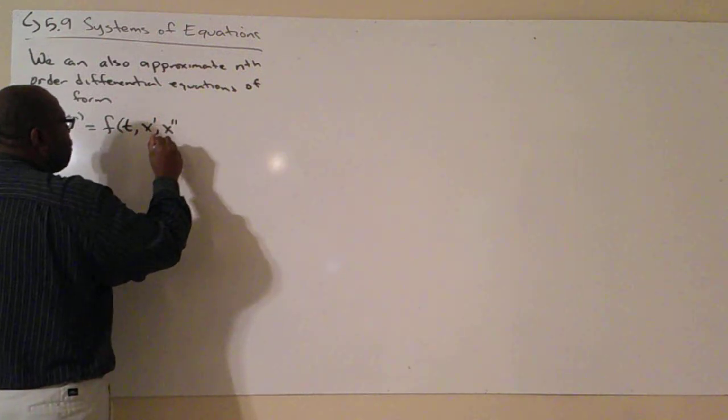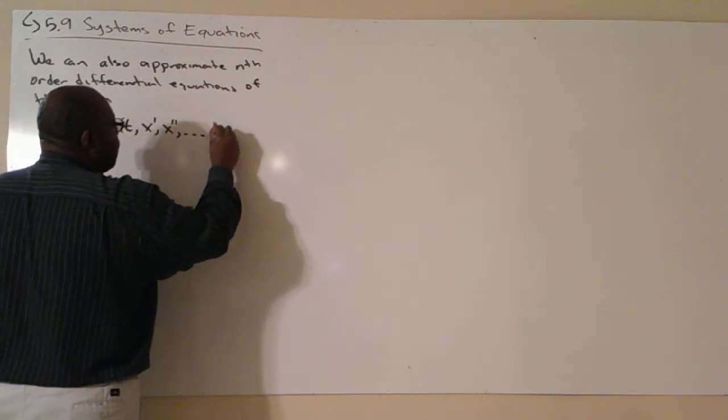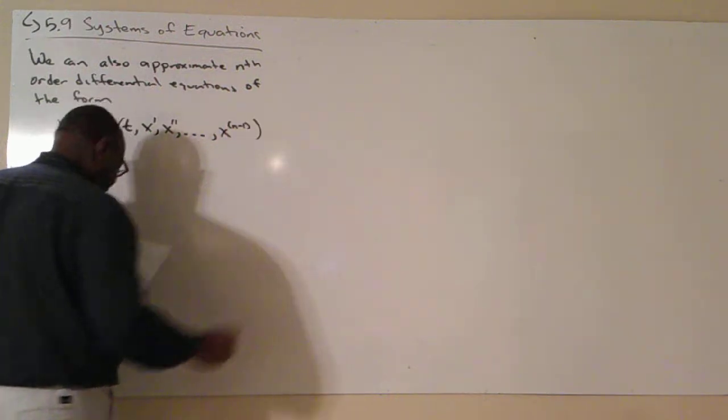So x prime, x double prime, all the way up to the n minus 1 derivative of x.